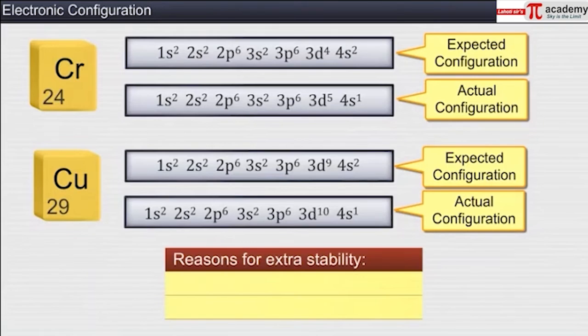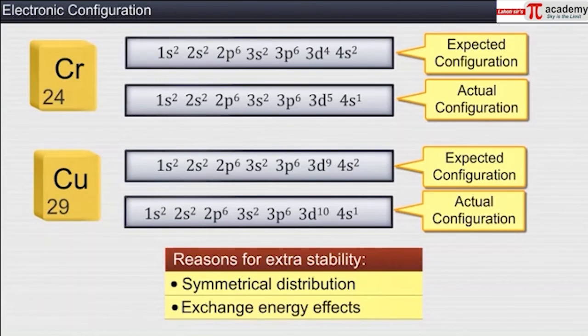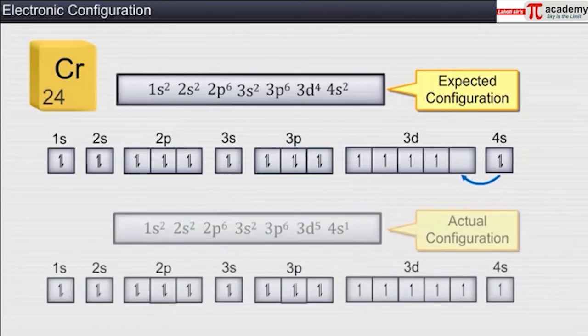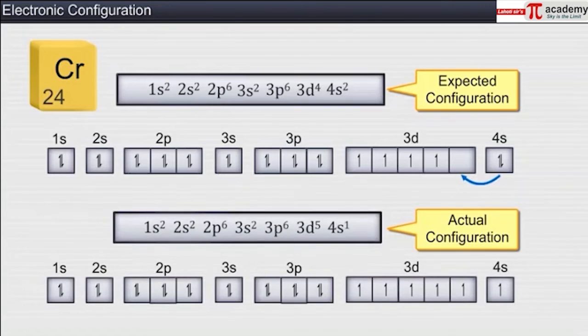The two reasons for the extra stability of half-filled and completely filled subshell configuration are the symmetrical distribution and exchange energy. From the expected electronic configuration of chromium, if one of the 4s electrons shift to the vacant 3d orbital, the distribution of the electrons will become more symmetrical and this will impart extra stability.